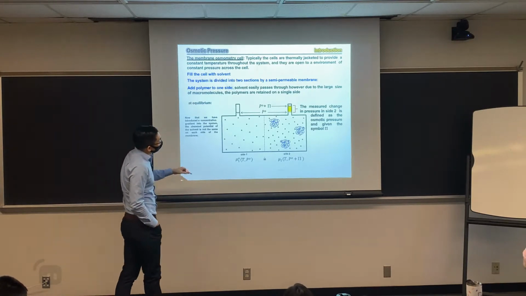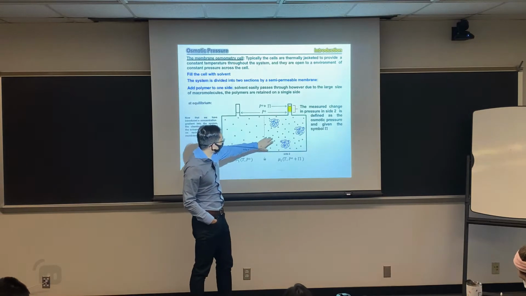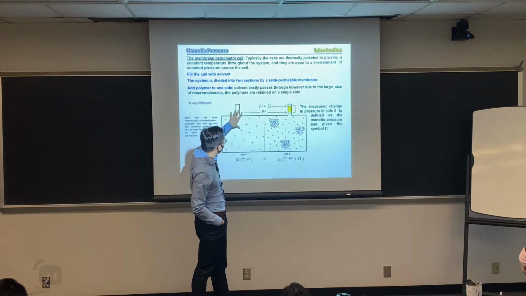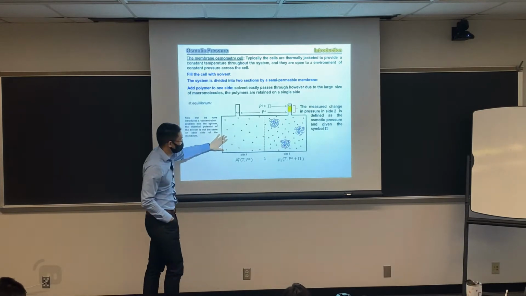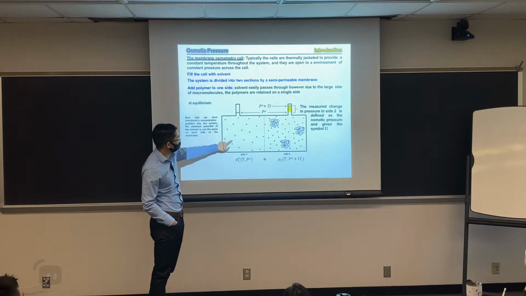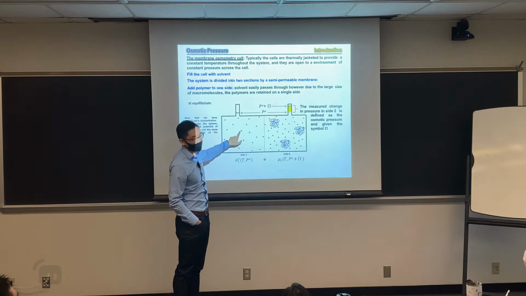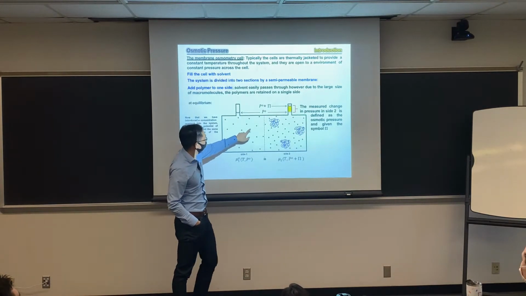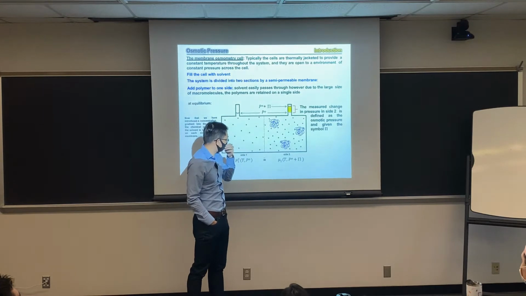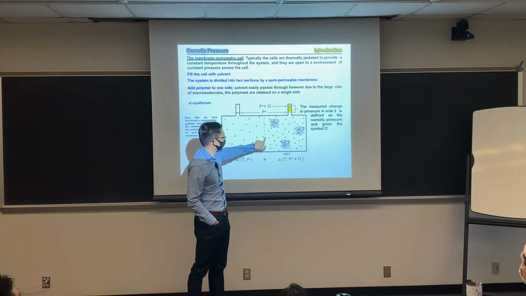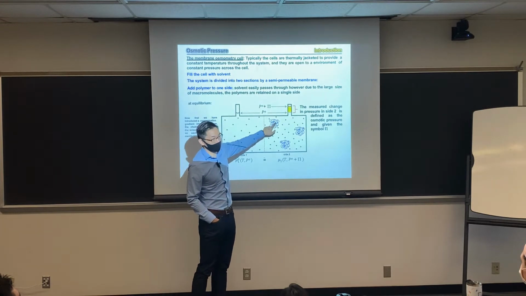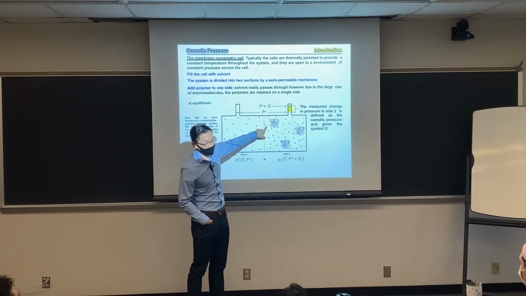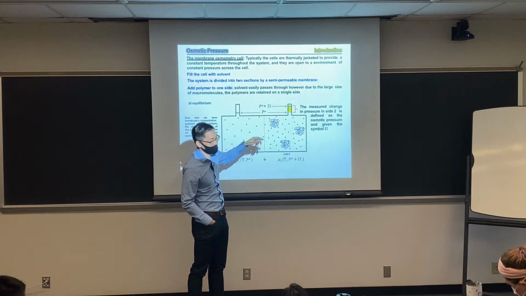If we look at it here, you can think about a chamber that has two sides, as described here, and all these tiny gray dots are solvent molecules. This is an idealized membrane, and this membrane does one thing. It allows the solvent to pass, but not the polymer. The polymer is too big to pass through this pore.